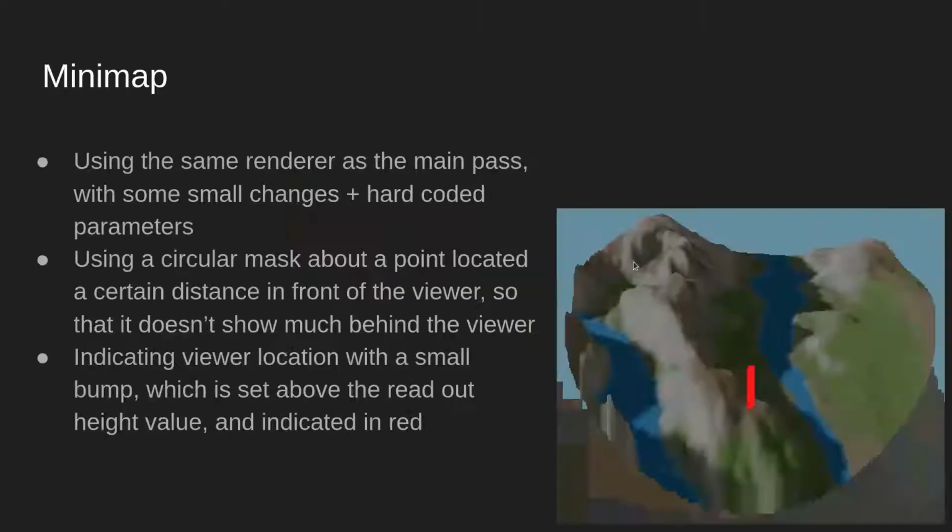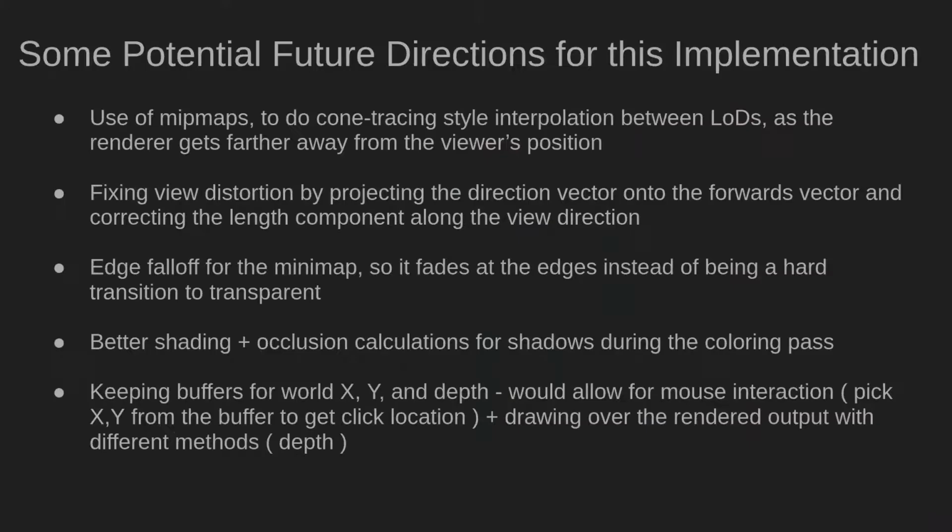A way you could do that is by keeping a depth buffer, which I'm kind of already doing with the alpha channel. But if you kept the X and Y of the world in, like, red and green, you might be able to click and then read from that buffer to get the world X and Y.